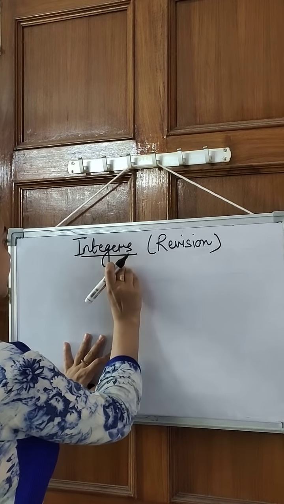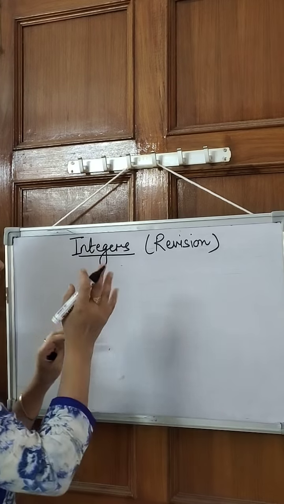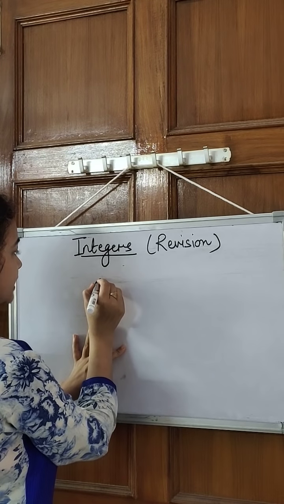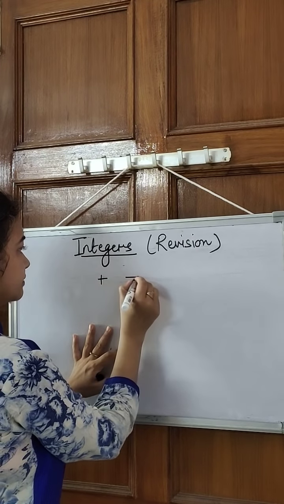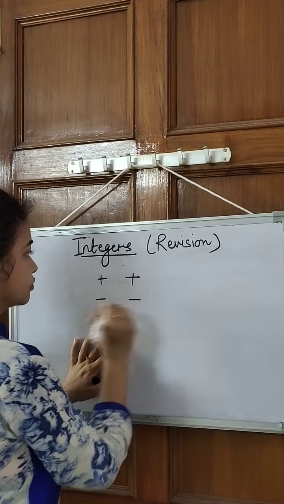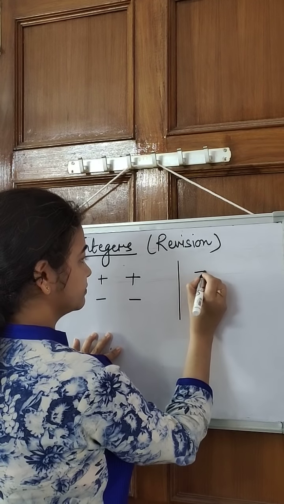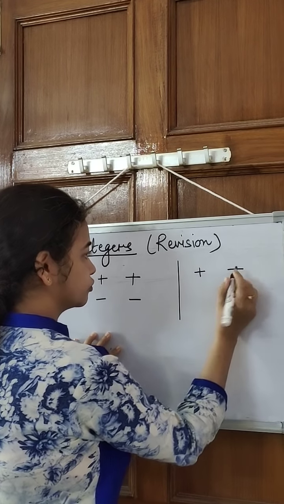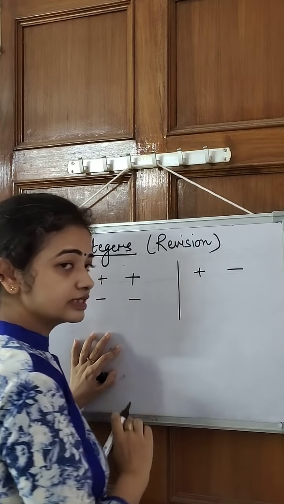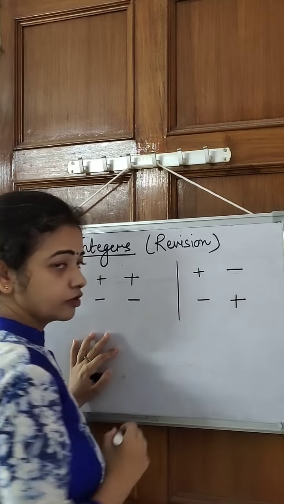When we add or subtract two integers only, there can be the following cases. I am taking two integers and both are positive. I'm taking two integers and both are negative. Or I take two integers out of which one is positive and the other is negative, or the first one is negative and the other one is positive.